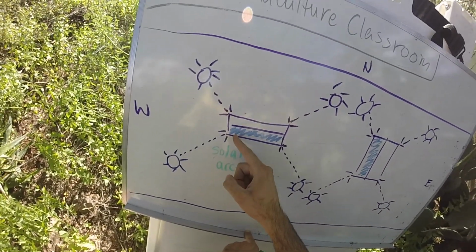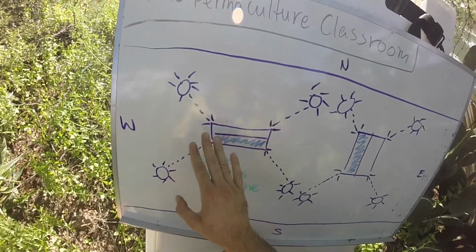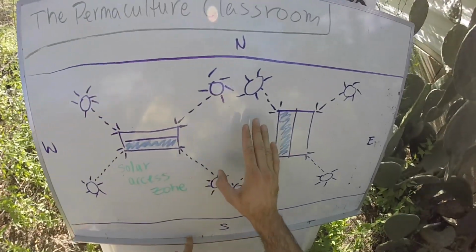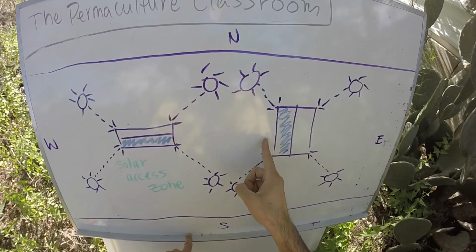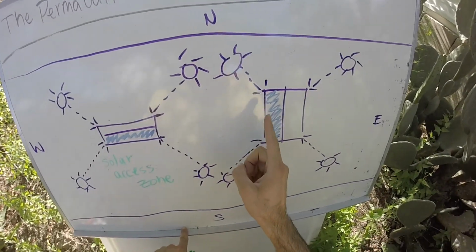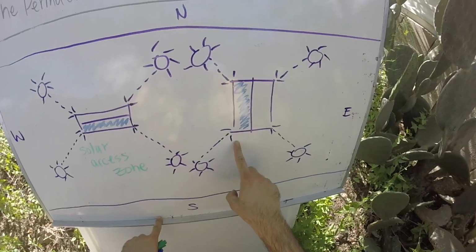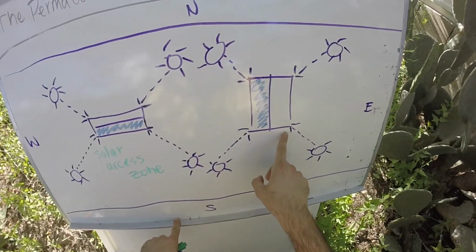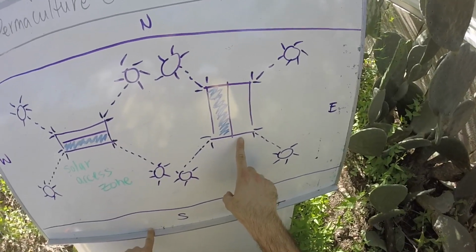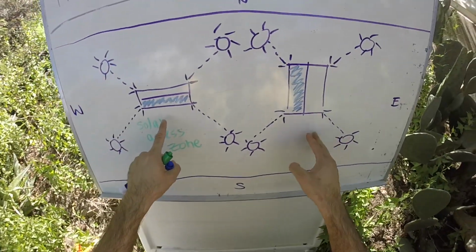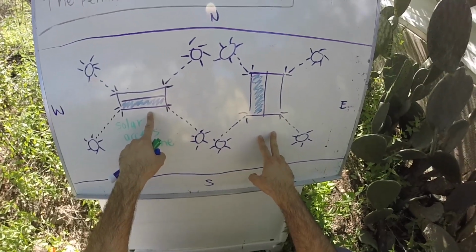Now what I'm showing you here is that in the summer on the east-west orientation, I have much less structure to shade, and it is a lot easier because it's only hitting a small portion of the house. And if we're looking at the north-south orientation, it's going to be a lot harder to heat it up in the winter as well.